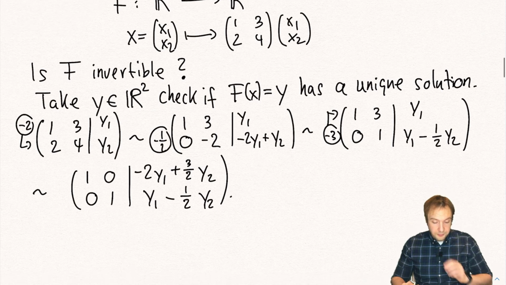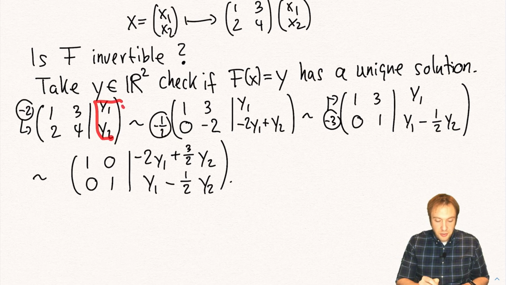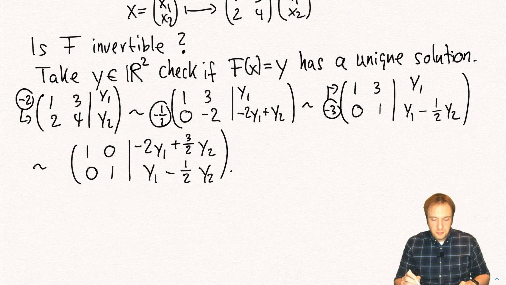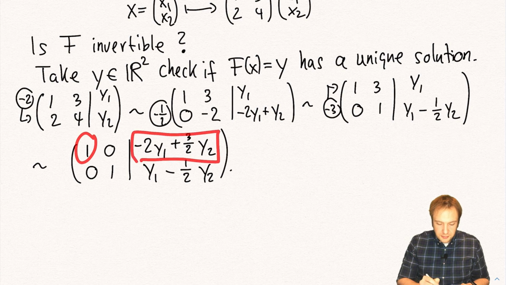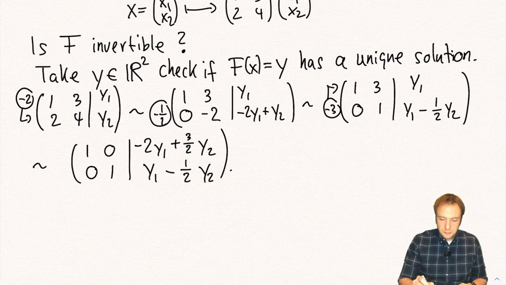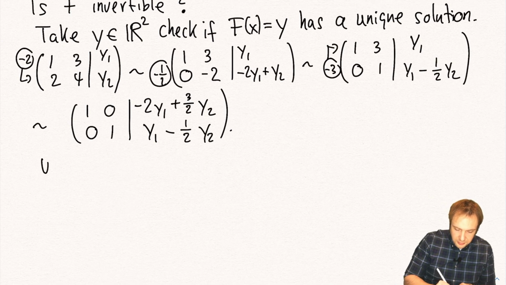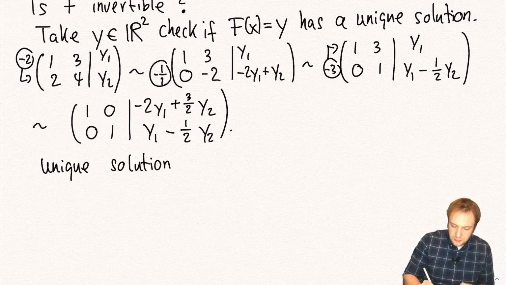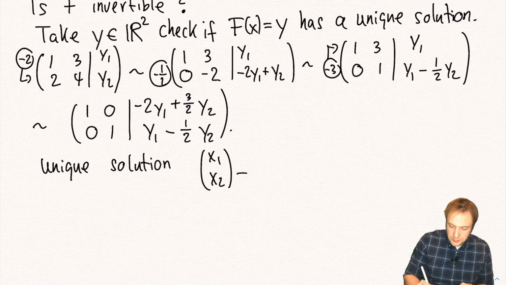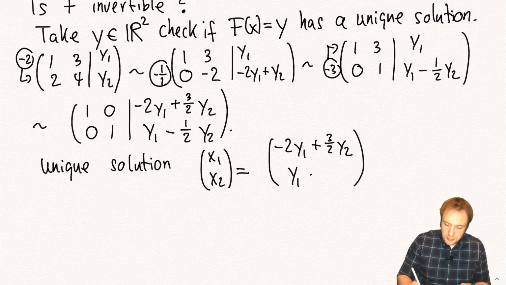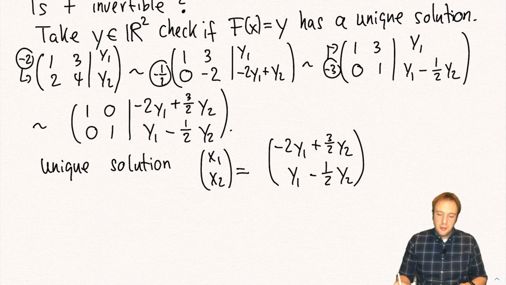And here we see that for an arbitrary y1, y2, we now have a unique solution given by x1 equals this and x2 equals this. So we get the unique solution x1, x2 equals minus 2 y1 plus 3/2 y2, y1 minus 1/2 y2.